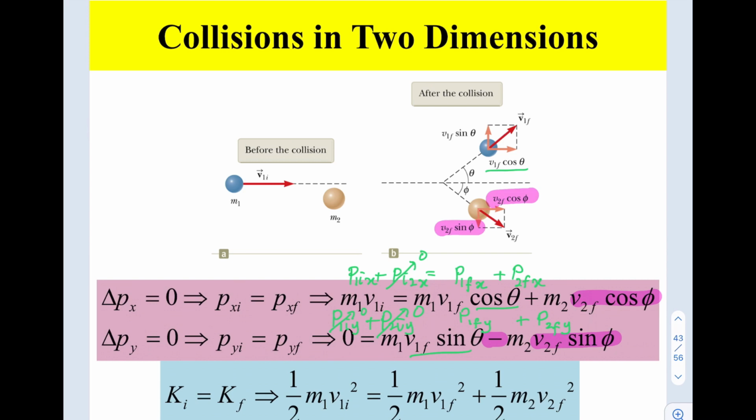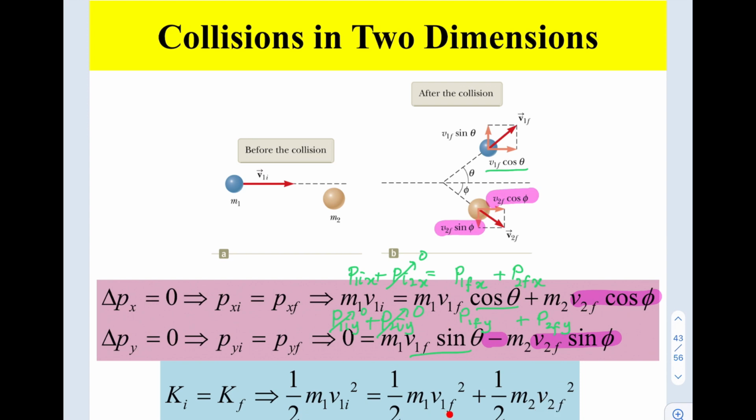Since this is a kind of elastic collision, because they are moving with separate V, kinetic energy is also conserved. So kinetic energy initial must be equivalent to kinetic energy final. Initially only object 1 has the V, therefore kinetic energy initial comes from M1 only, equivalent to kinetic energy final for object 1 plus kinetic energy final for object 2.